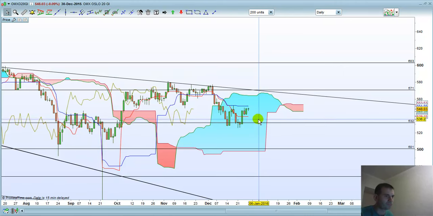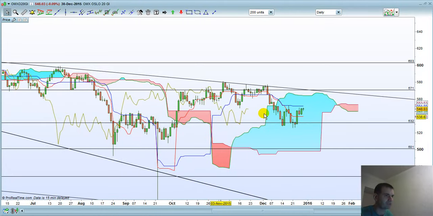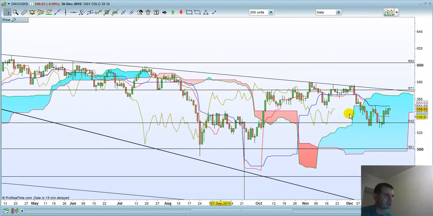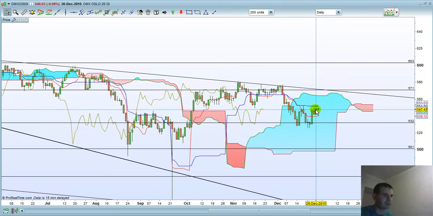So I think there is quite an indefinite situation, because the overall trend is bearish, and the price now rises a little. So the nearest resistance level is 571, as I can see, an upper border of this channel.